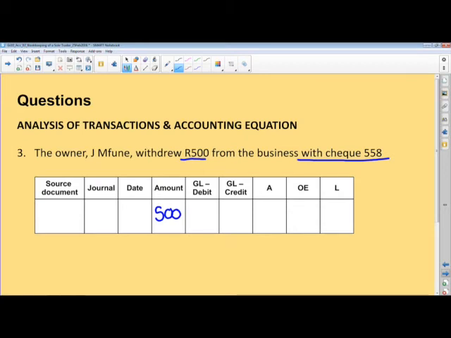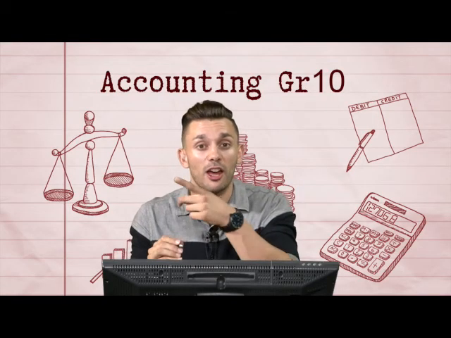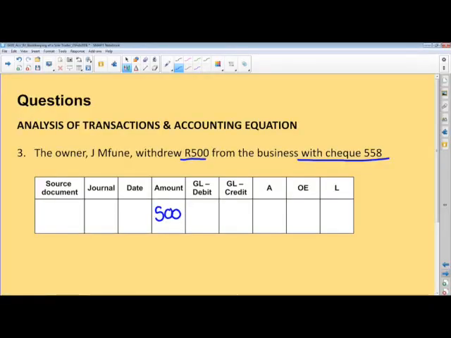What will the business keep? The check counter foil. So I'm going to abbreviate the check counter foil. And then the journal, we are paying, CPJ, and the date, there it is, it's the 3rd.